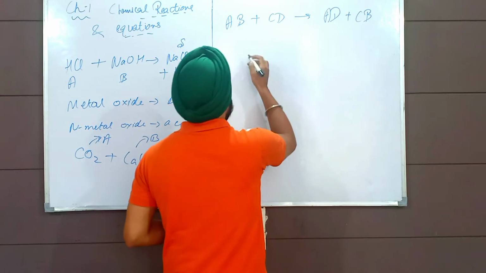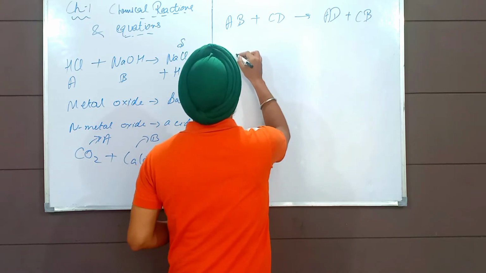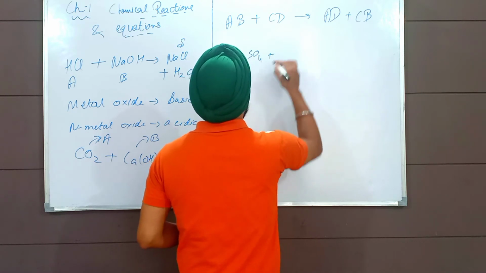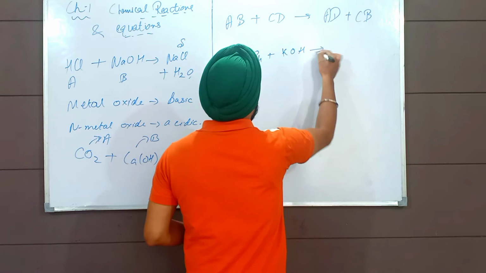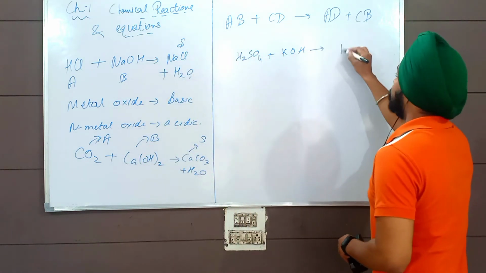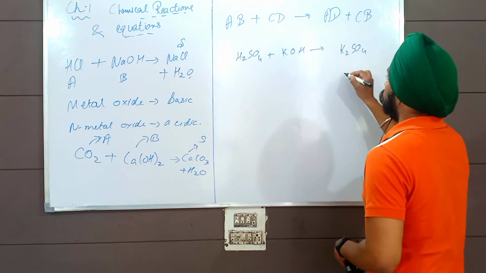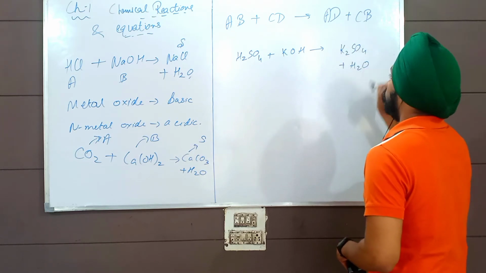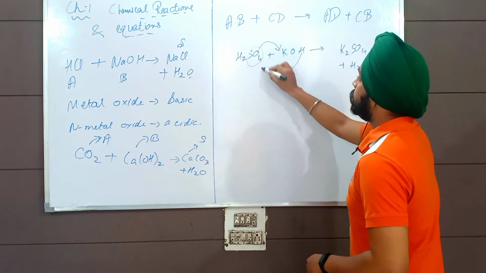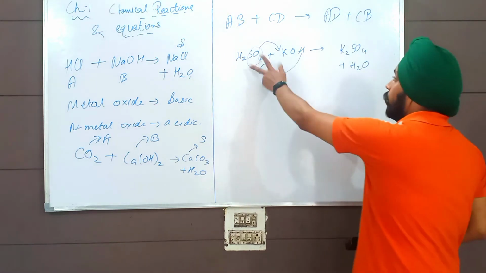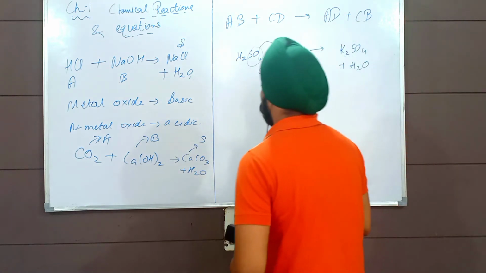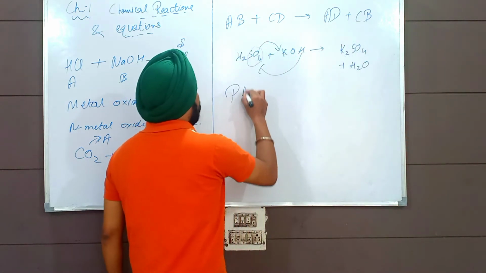For example, if I take H2SO4 with KOH, then what I will get, look here, K2SO4 plus H2O. ठीक है? तो ऐसे डबल डिस्प्लेसमेंट रिएक्शन आ गया. Now the other type is our precipitation reaction.